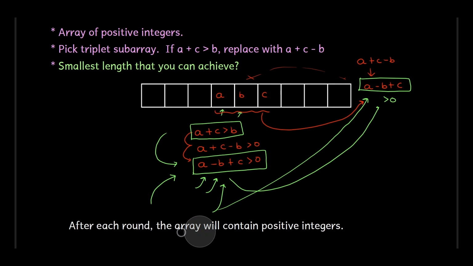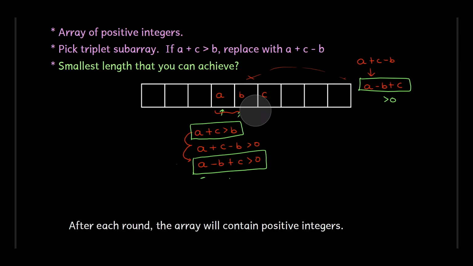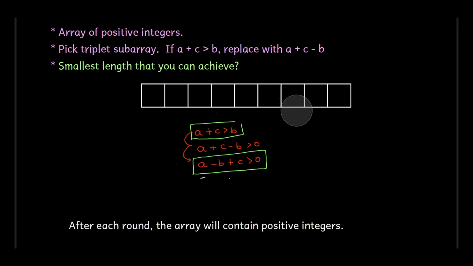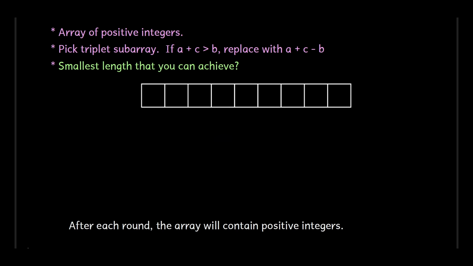Now what is the second observation? You can notice how the length fluctuates. In one operation you are removing three elements and then adding one element back. So if you do the operation here on A, B, C, then you are deleting A, you are deleting B, and you are deleting C, and then you are inserting this value A minus B plus C. So this means you removed three elements, but you added one element.